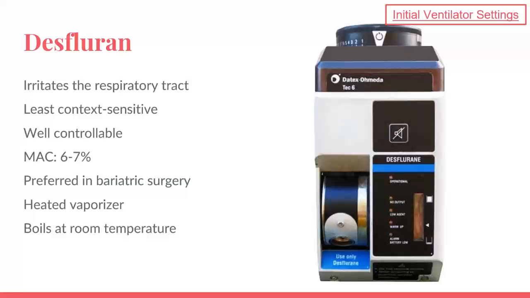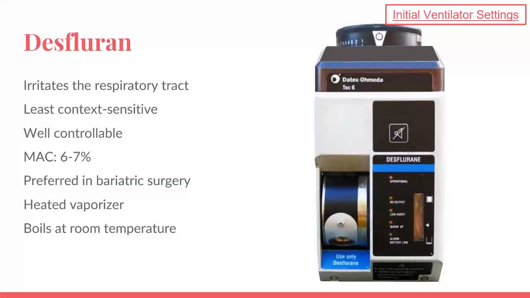Another currently popular gas is desflurane. A primary difference is that it irritates the respiratory tract, so it is not used for induction. It is only used for maintaining anesthesia, making it available only in mixed anesthesia. It is the least context sensitive and highly controllable.